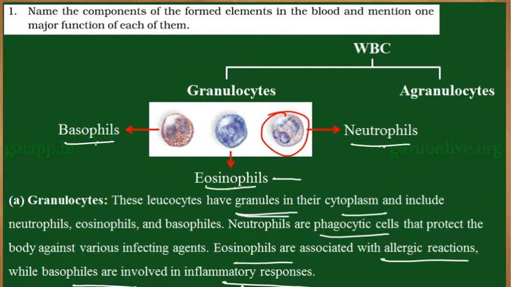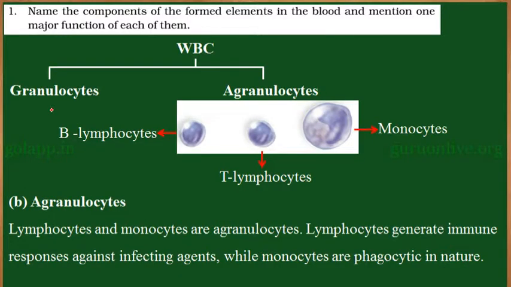So this response is called inflammatory response. So altogether, granulocytes, that is basophil, eosinophil and neutrophil, protect our body from foreign invaders. So now we completed studying about granulocytes and they help us to protect from the foreign invaders.